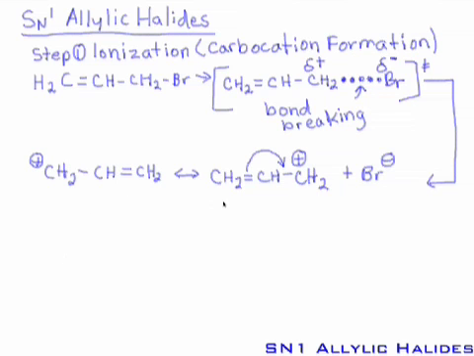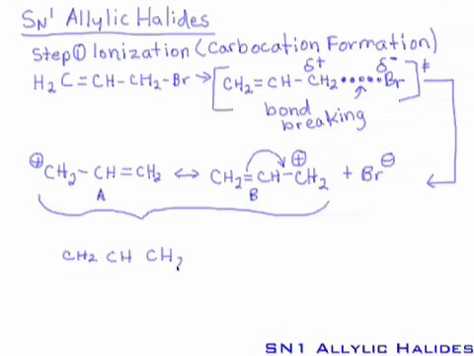The resonance structures, let's label them A and B, don't exist. What exists is the resonance hybrid, where the pi bond is delocalized over all 3 atoms. The net result of this is the resonance hybrid.